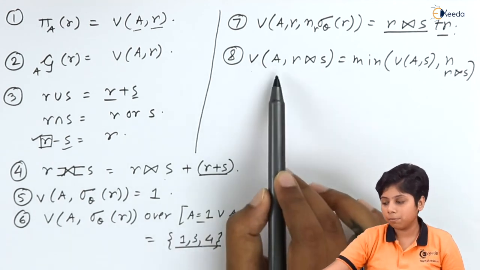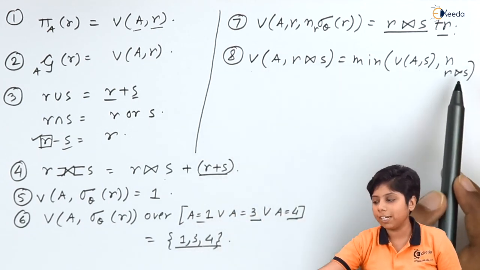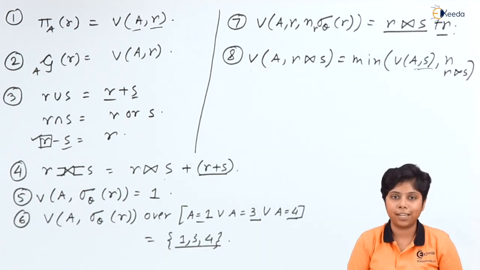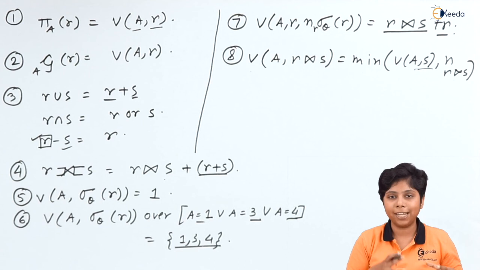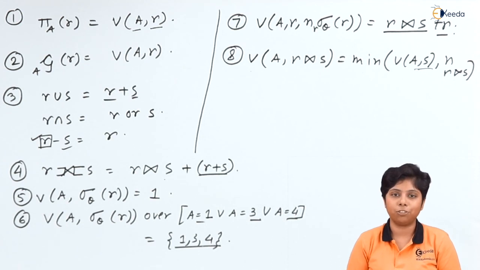If some attribute belongs to only a particular relation, then we take the relational join and the attribute from the other relation as the size. Because the attribute set A already belongs to relation R, we need to consider the attribute from S along with the joined attributes.